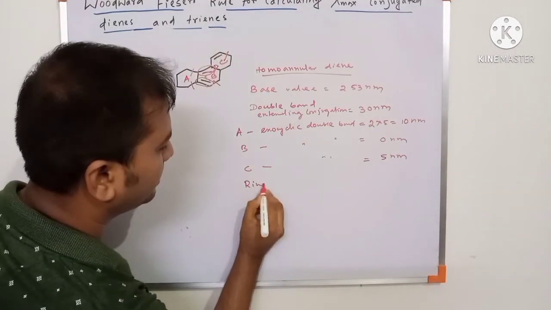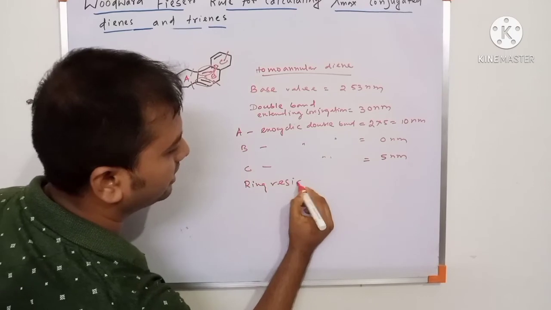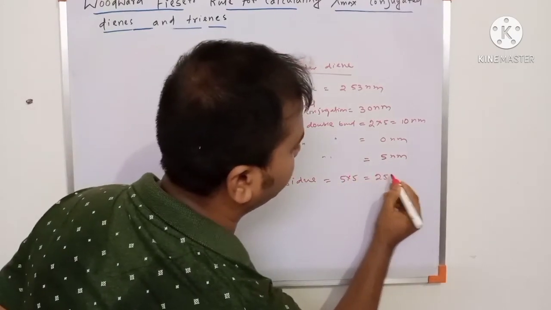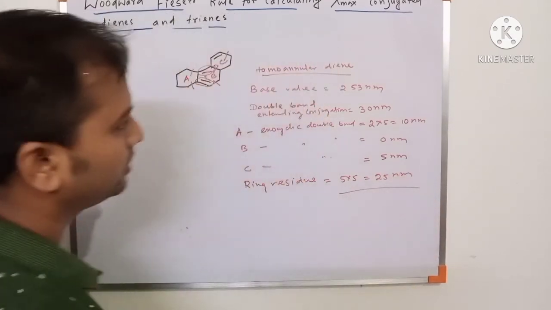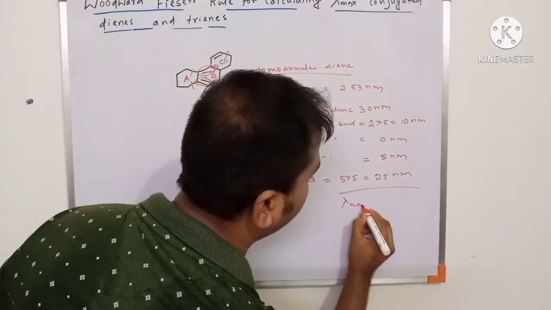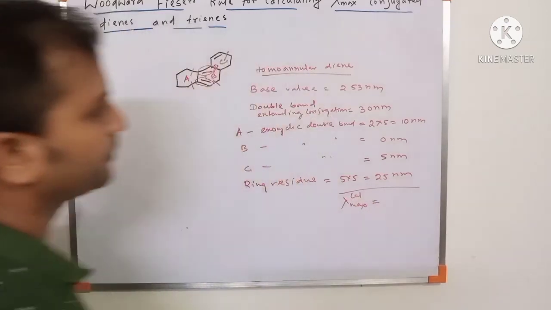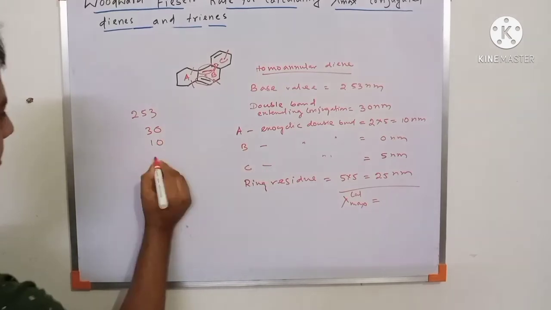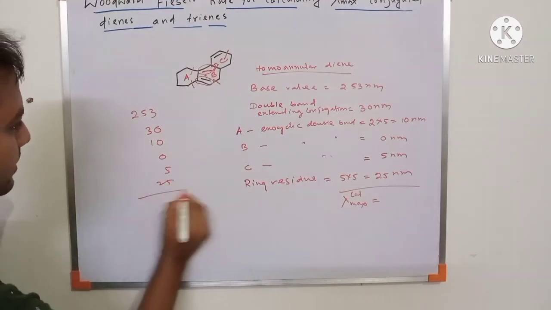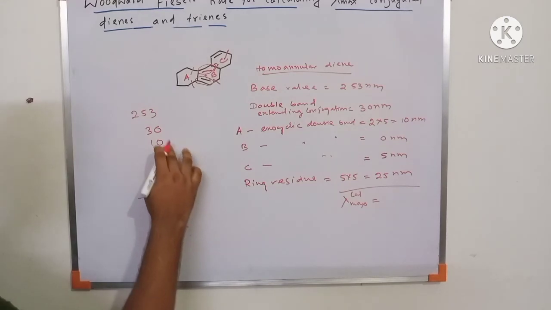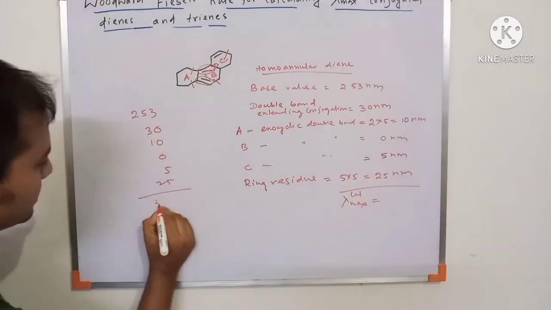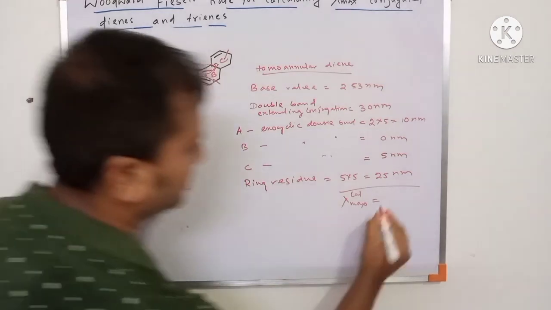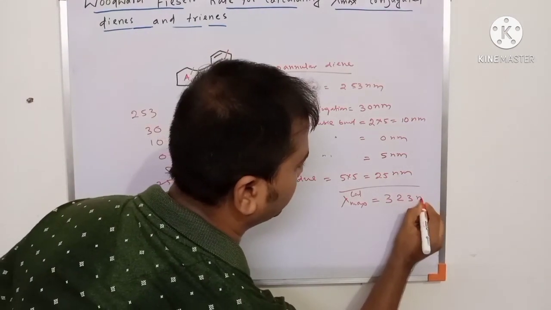So ring residue equals 5 into 5 equals 25 nanometer. So the total lambda max calculated is 253, 30, 10, 0, 5, 25. So 30 plus 10 is 40, 40 plus 30 is 70, this is 323 nanometer.